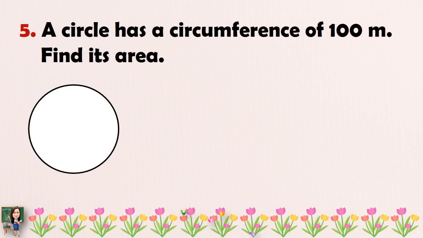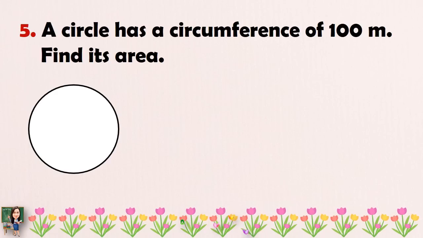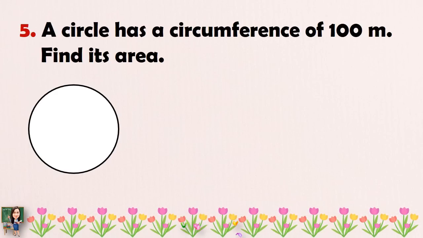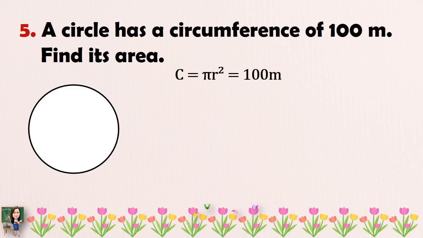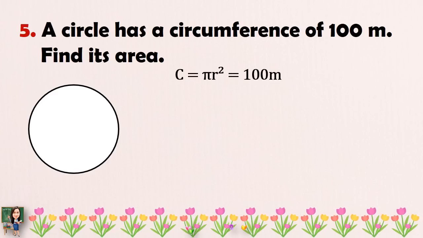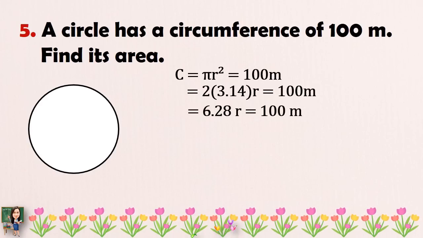And number 5, a circle has a circumference of 100 meters. Find its area. The formula for circumference is C equals 2 pi r, or equals 100 meters. So 2 times 3.14 times r equals 100 meters. So 2 times 3.14 equals 6.28.